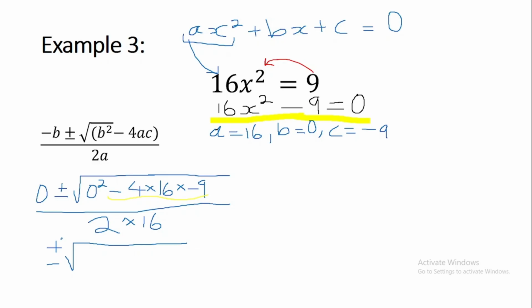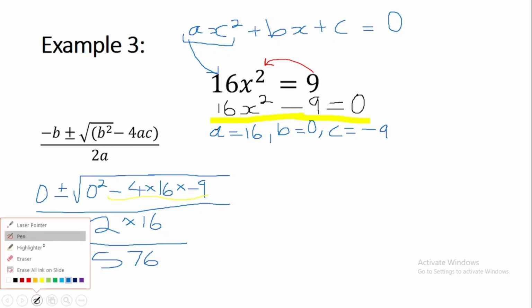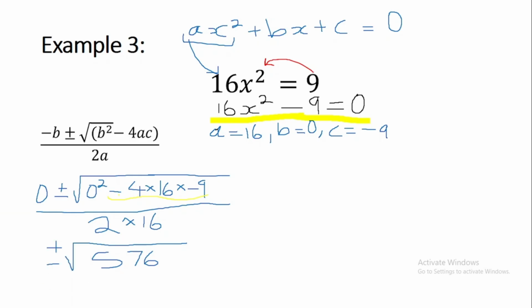That's going to be equal to 576. We don't have to put that 0 squared right there because 0 squared is just 0. So it will be gone. 0 times 0 is 0. Minus anything else, it will be gone. So after multiplying the negative 4 times 16 times negative 9, we get 576.